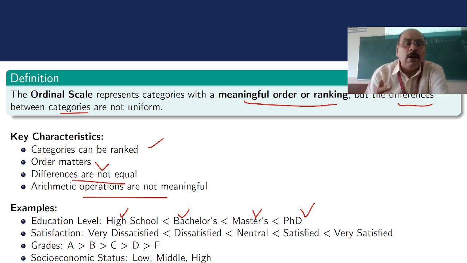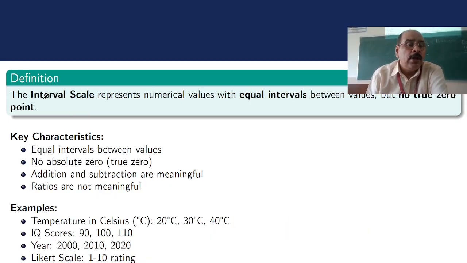So these are the different ways of representing data: nominal scale, ordinal scale, and the third one is the interval scale. Here we give a particular set of intervals to the values. It represents numerical values with equal intervals but no true zero point. Equal intervals between values: 20 to 30 degrees, 30 to 40 degrees, 40 to 50 degrees.